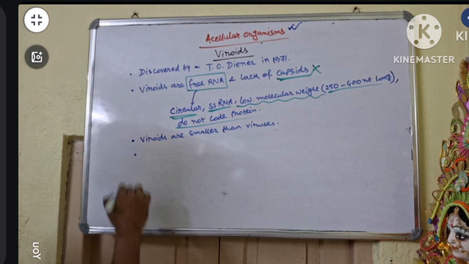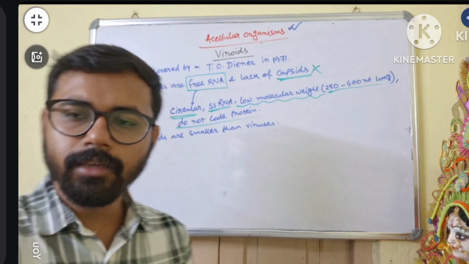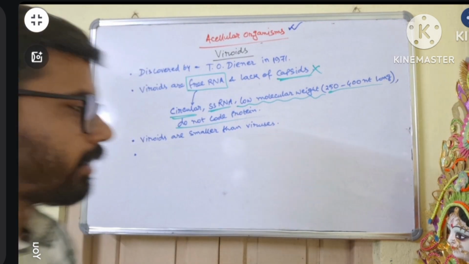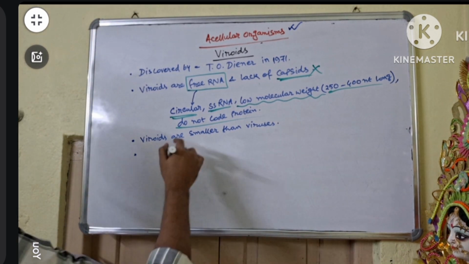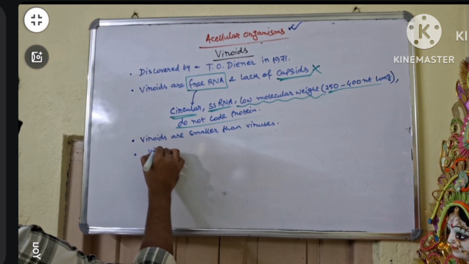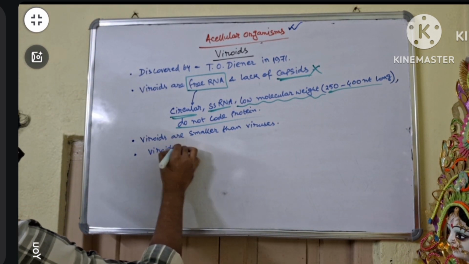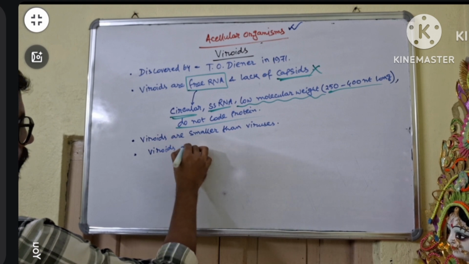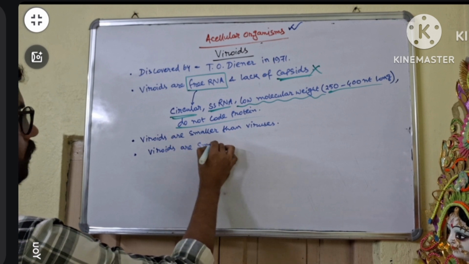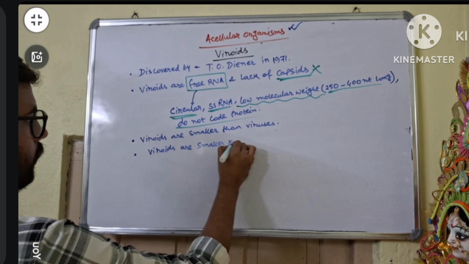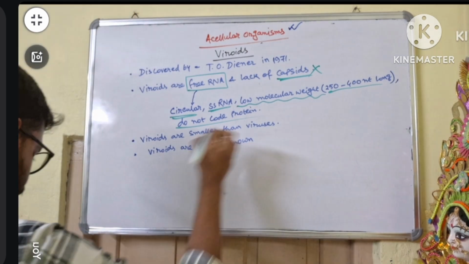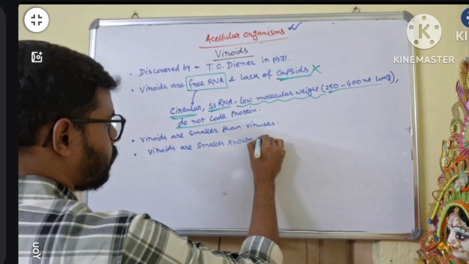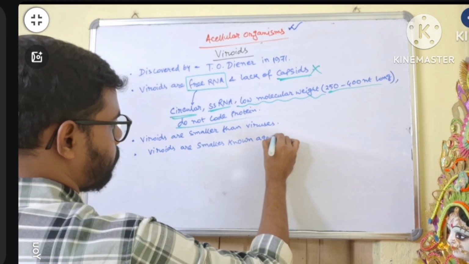That's why viroids are called the smallest known agent of infectious disease.